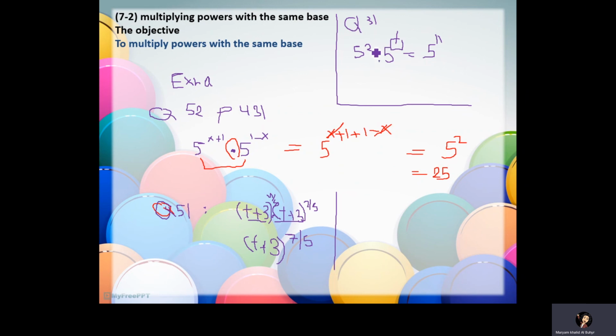Once you add it to 2, you will get 11. So what is that number? It is 9. Because 9 plus 2 is 11. If I have the same base, I will add the power. So that's the story. That's the idea. I think that's enough for this question.